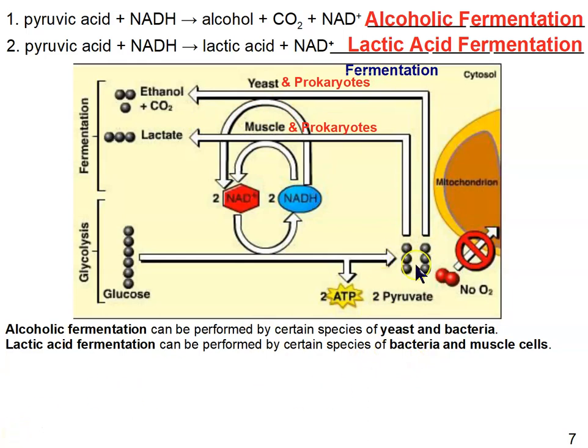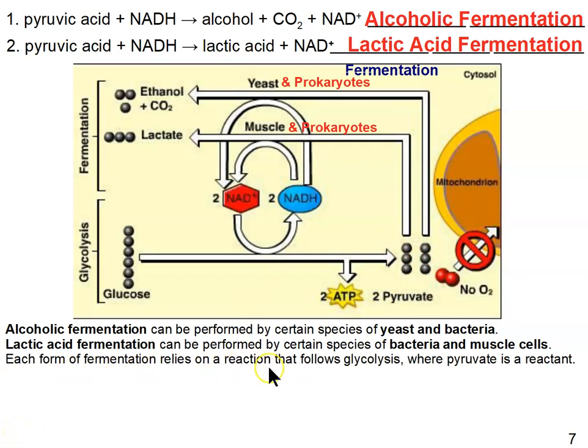So the commonality between the two of these is that they rely on a reaction that follows glycolysis. So the whole point is to keep glycolysis going, but they have to do something with that pyruvate. So the pyruvate is a reactant in both of these, as you can see, but they're turned into two different things. And that's the two different forms of fermentation that there are, alcoholic and lactic acid.